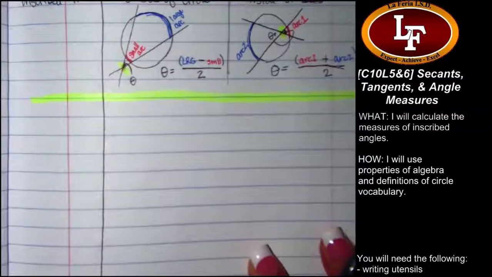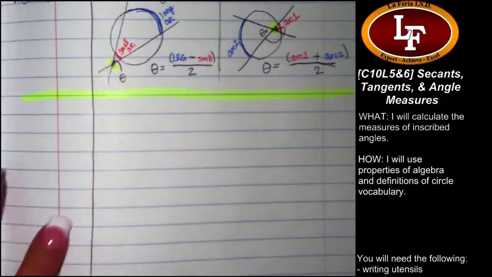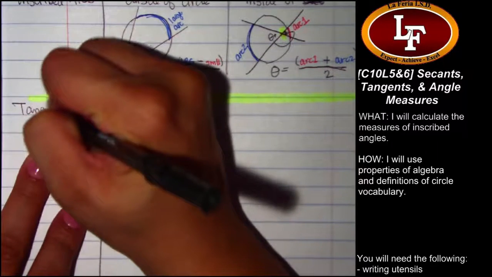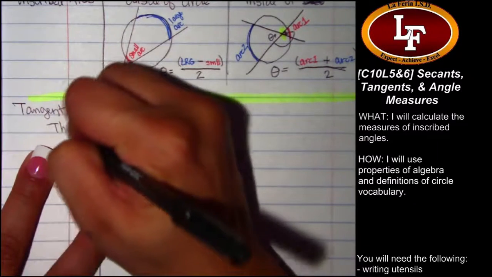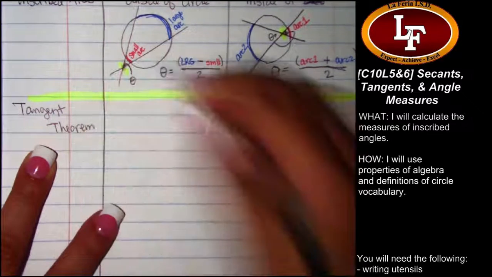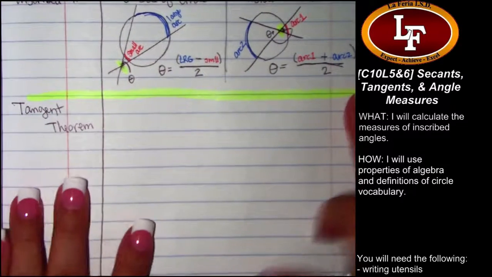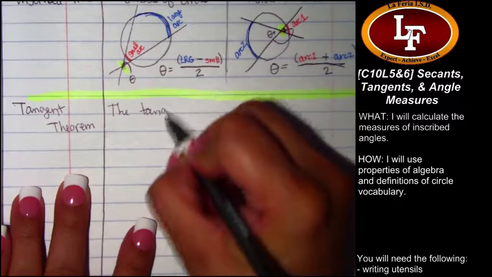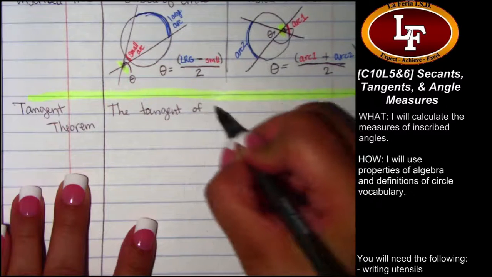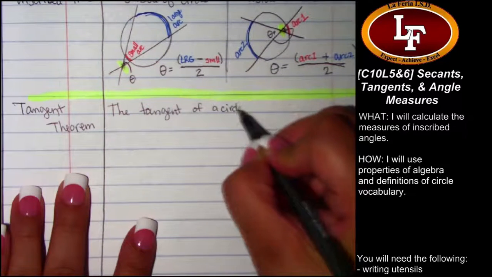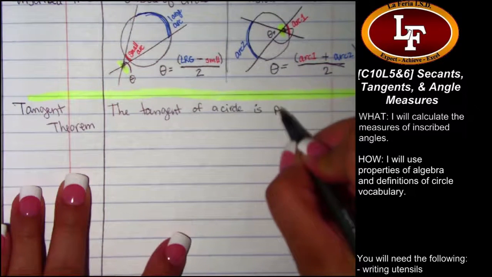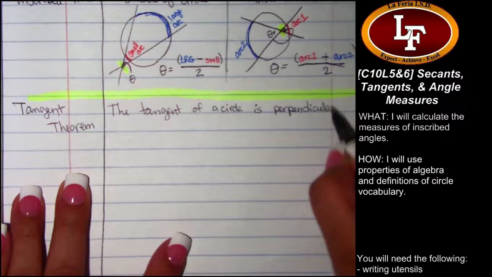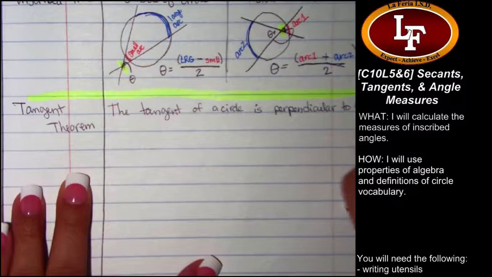All right, the next one is a theorem, and this theorem is dealing with tangents and helps you decide how tangents work. So this is the tangent theorem. This theorem says this: the tangent of a circle is perpendicular to, we're going to use the little symbol for perpendicular.